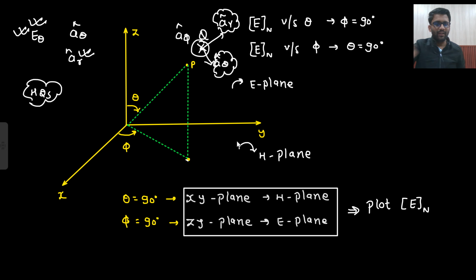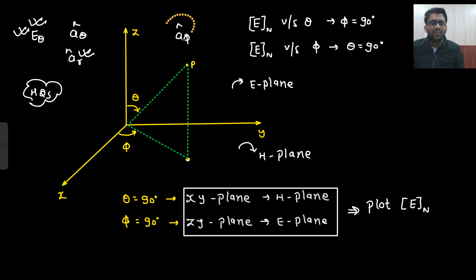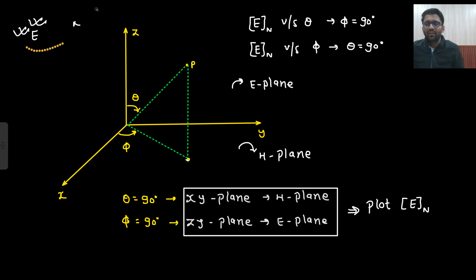And when you talk about the YZ plane, if you take any point, there you can get your A theta cap and AR cap, right? So on the YZ plane, I am only getting the direction of electric field and the direction of radiation. So that's why that is known as E plane. No one will ask you, it is just a way to remember, I have told you horizontal plane and elevation plane. This is not the actual meaning, but this is just a way to remember, right?